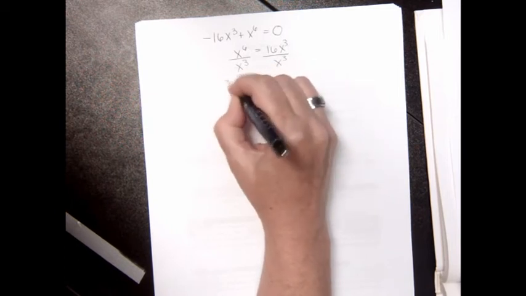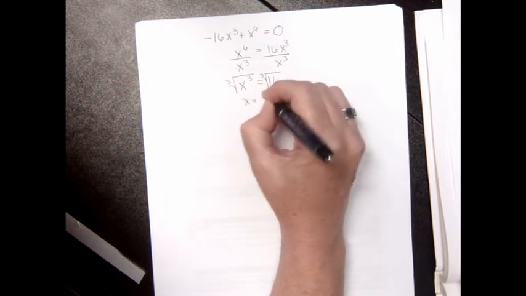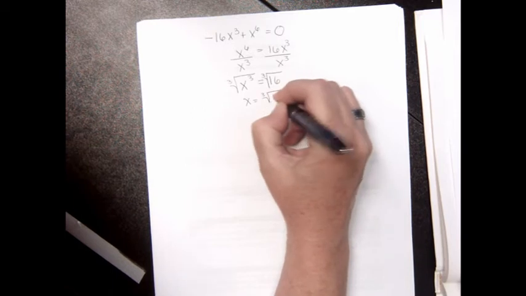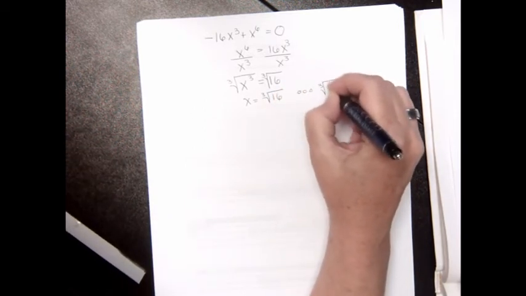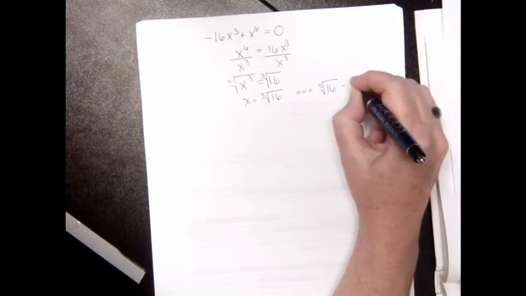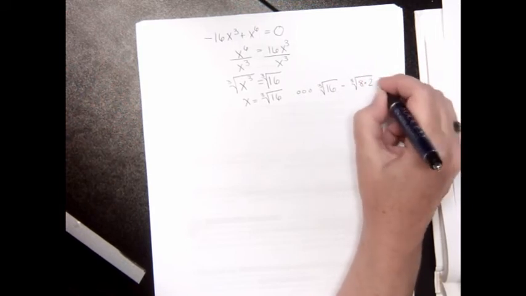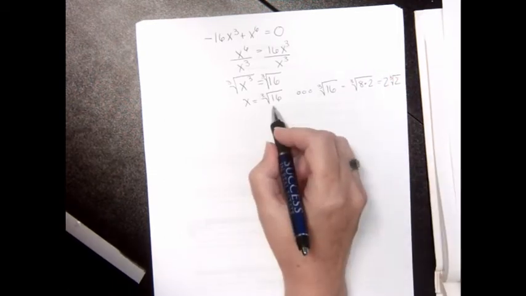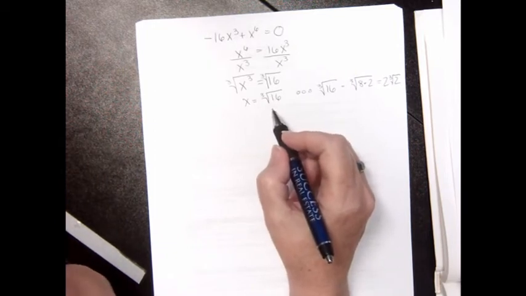Then I'm going to take the cube root of both sides, and x equals the cube root of 16. Again, what I said is if I have the cube root of 16, that can be the cube root of 8 times 2, which is 2 cube root of 2. Okay? And it might be easier to deal with if I just leave it in this form for now.